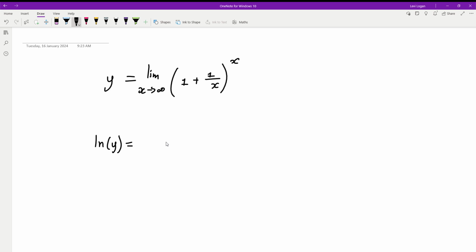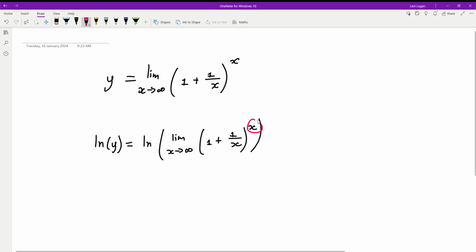Okay, so ln of the limit of x goes to infinity of (1 plus 1 over x) to the power of x. Now with logs you can bring this power down the front outside the log. So hypothetically, if we wanted to, we could remove the limit and put the log and write it like this.